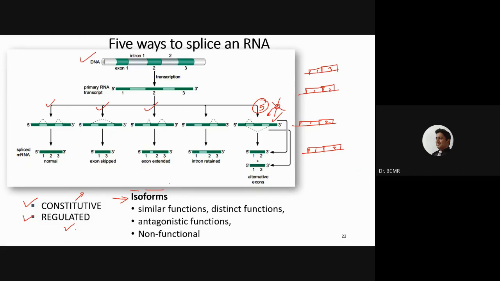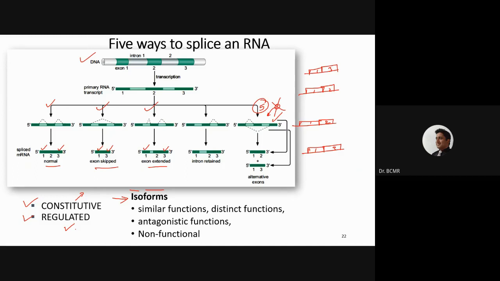It's not necessarily true, but in these 3, if you count, there is a certain degree of similarity. They all have exon 1. That means that protein sequence will be common among these. They all also have exon 3, right?